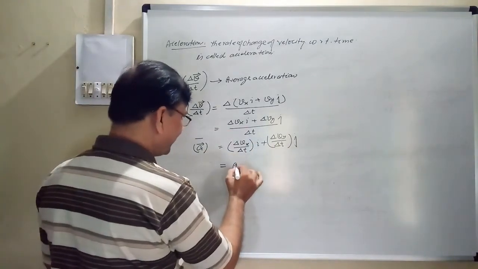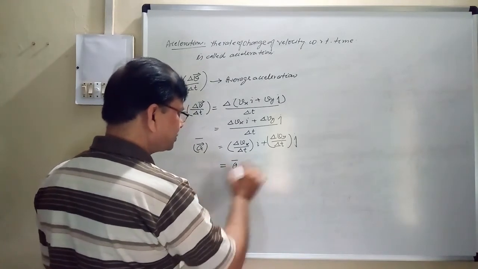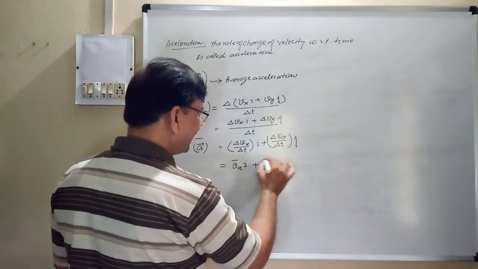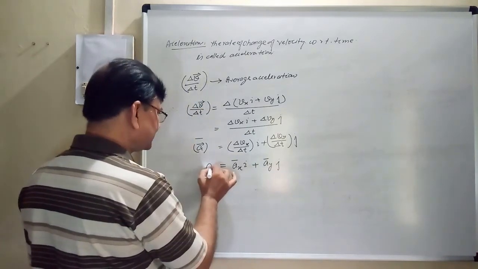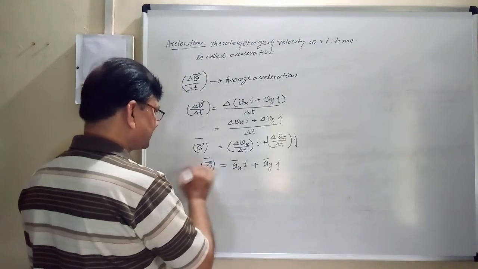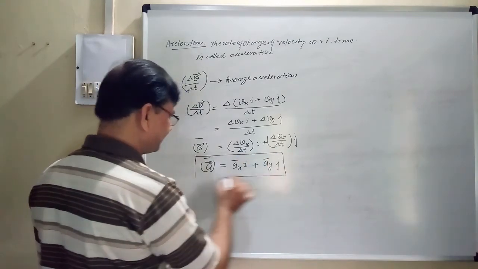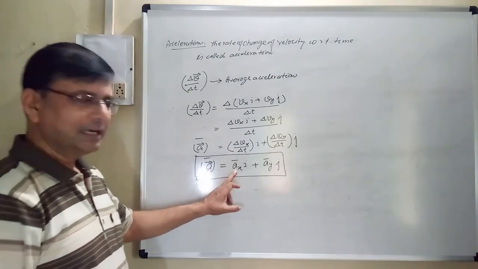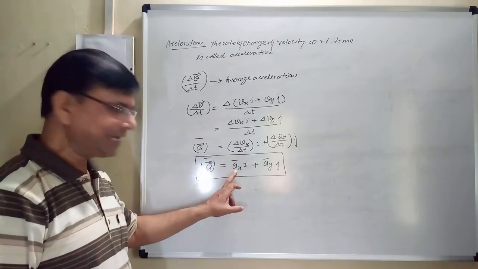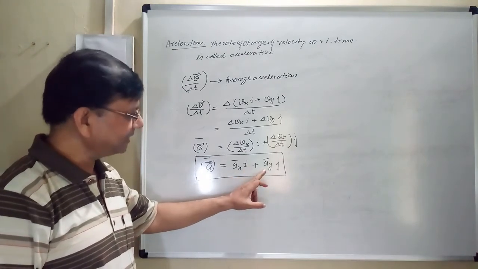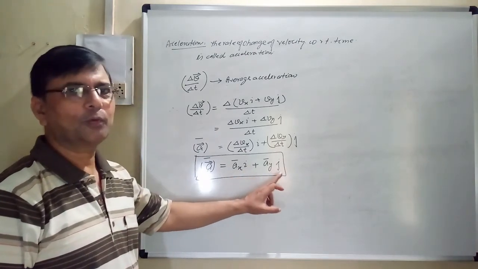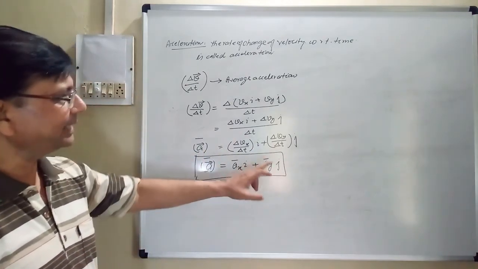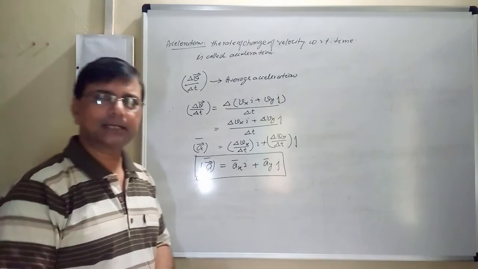So you will write ax average i plus ay average j, and that is the average acceleration. So average acceleration is average acceleration magnitude along x-axis and average acceleration magnitude along y-axis, and this is given in terms of i and j, that is the average acceleration.